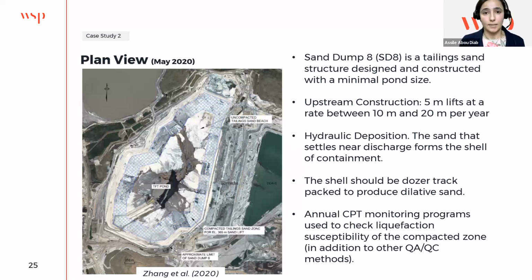First, we have a representative on site to do the checks and site inspections, and then all the dozers that are compacting the cells are mounted with GPS, so all the number of passes are monitored, and we also check if they covered the whole area. In addition, after each lift, we run a CPT program where we check the liquefaction susceptibility of the compacted zone, and the compacted zone is hatched here.